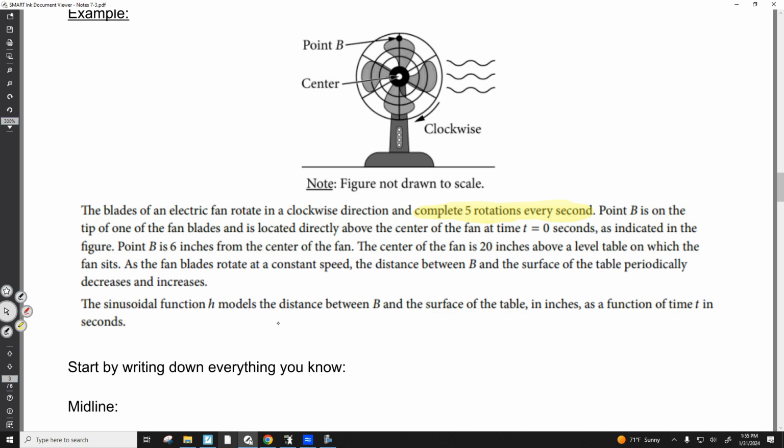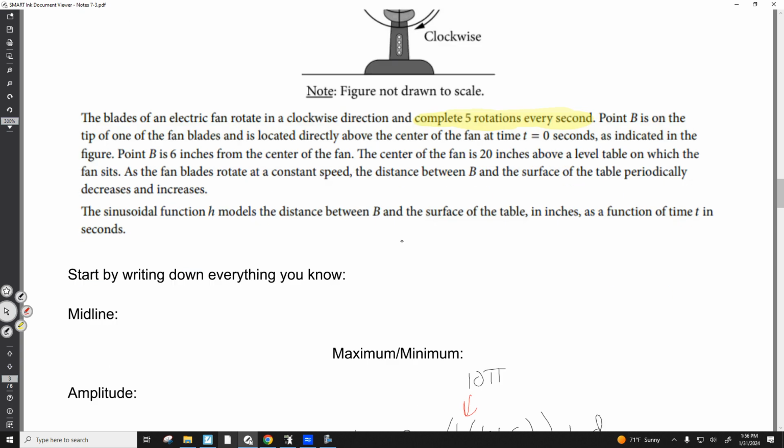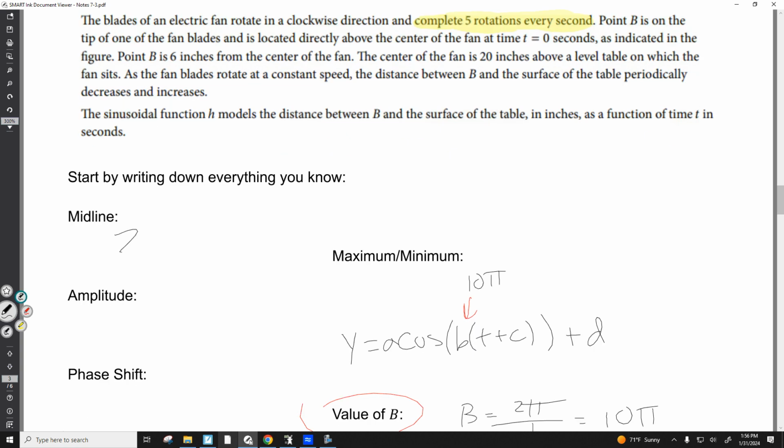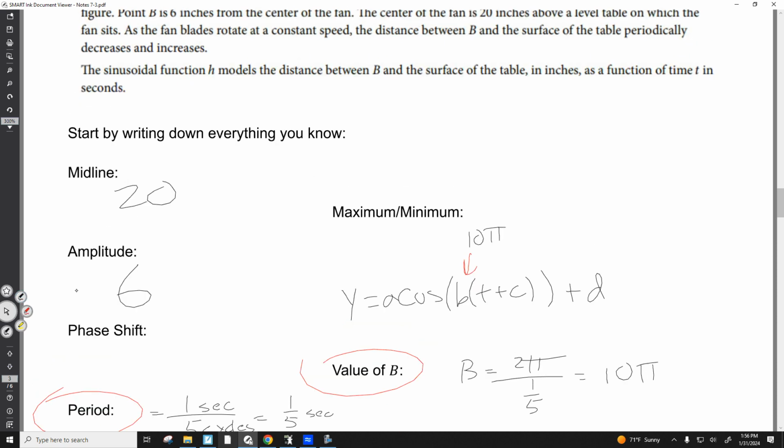The center of the fan is 20 inches above the ground level. Okay, that's your midline. The length of the fan is 6 inches. That's the radius. That's going to be your amplitude. Nothing else is new. You should be able to get your midline, and figure out what your graph looks like.